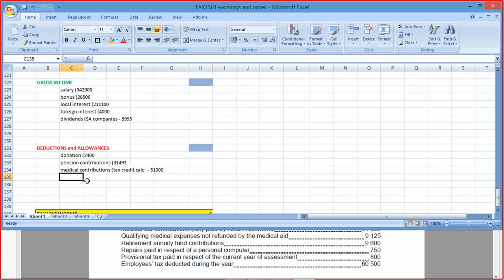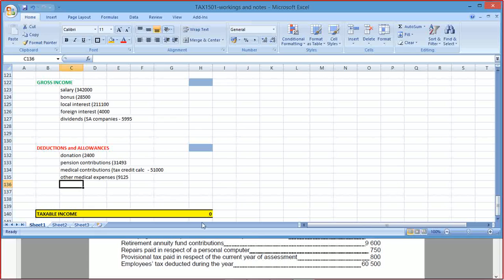Qualifying medical expenses, how much? 9,125. Retirement annuity fund contributions, RA, 9,600.